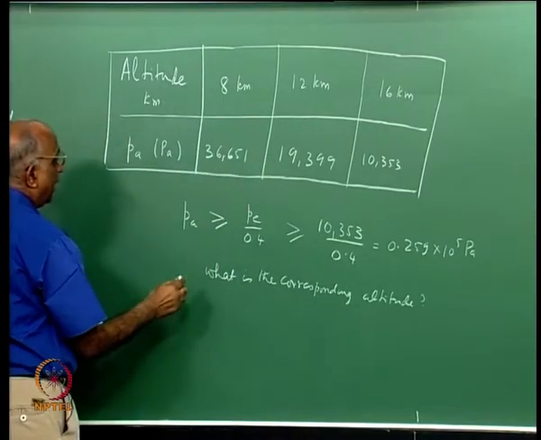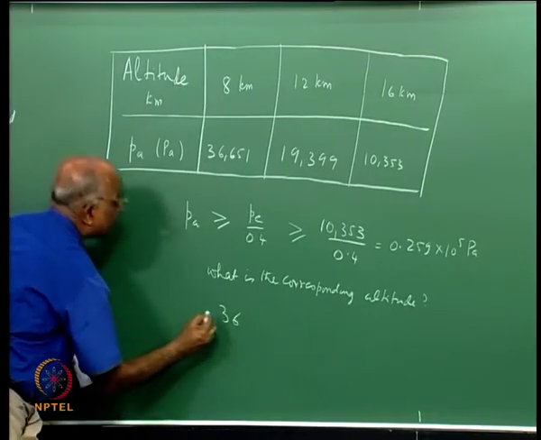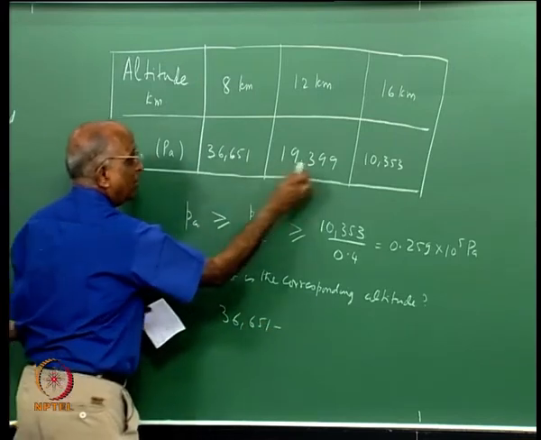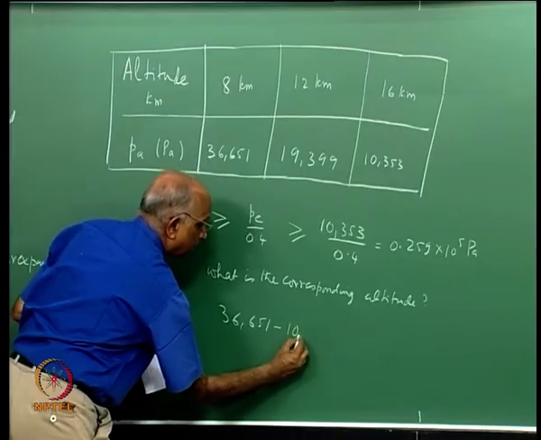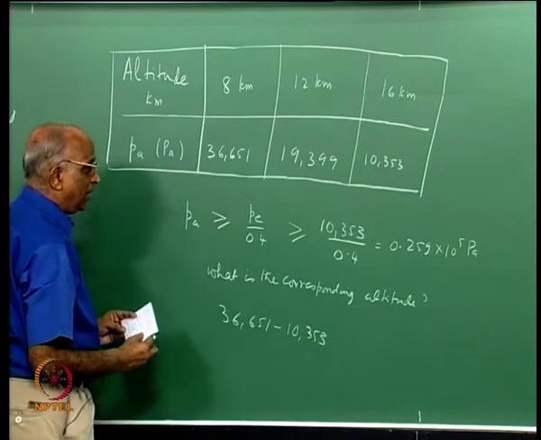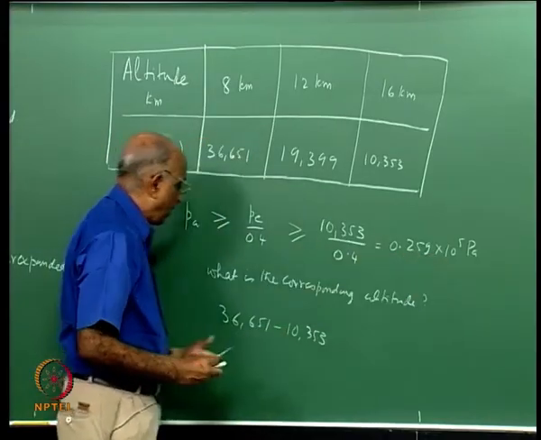Therefore, at 8 kilometers the ambient pressure is 36,651, minus the value at 16 kilometers, 10,353, but we are interested in the altitude at 0.259 into 10 to the power 5.